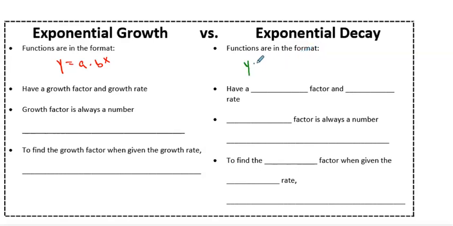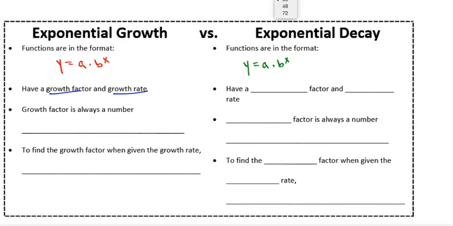Absolutely nothing. Still y equals a times b to the x, right? So the format's still there. Have a growth factor and a growth rate. Yes, we have a growth factor and a growth rate. In exponential decay, we have a decay factor. So let's write that one in there. Keep this nice and neat.